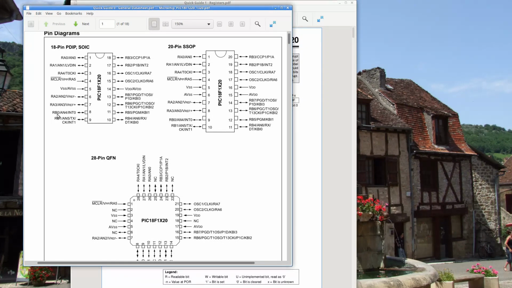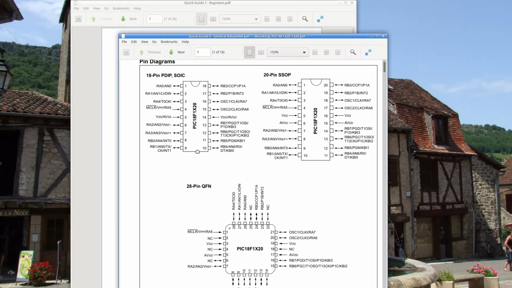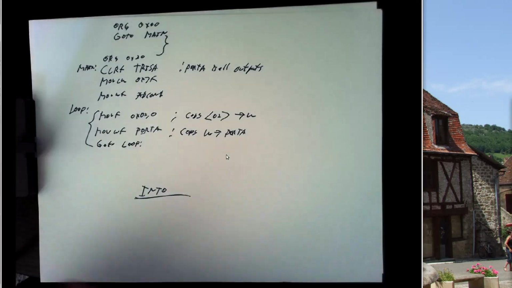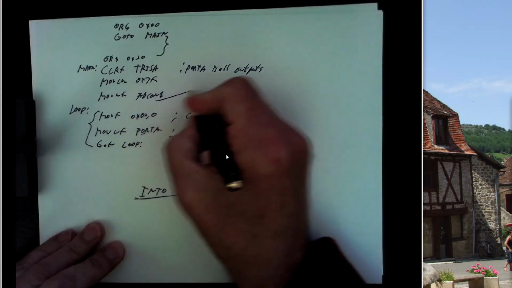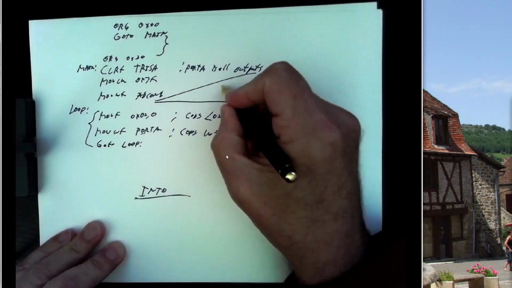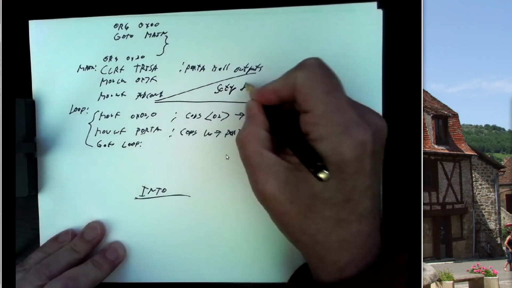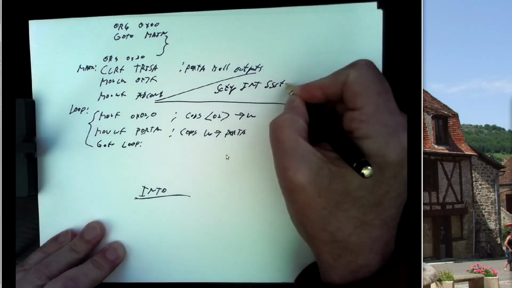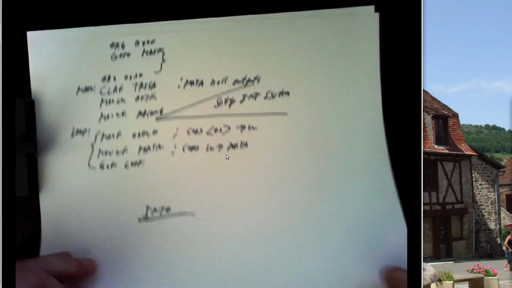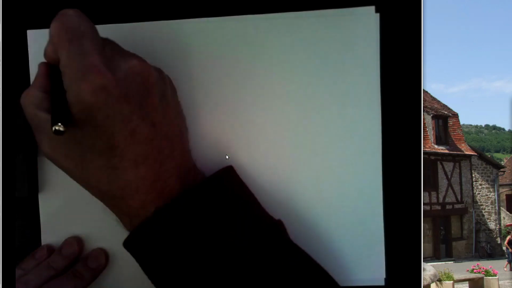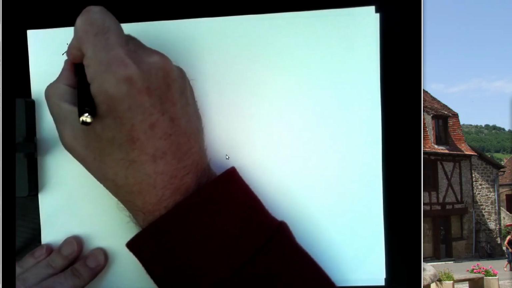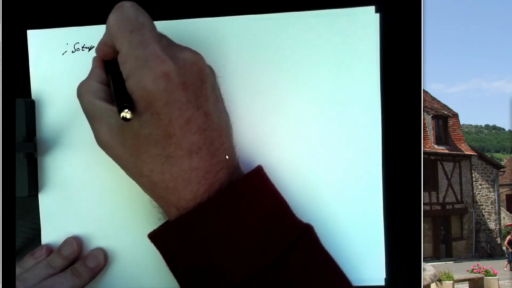So we need to do a few things to set up interrupts, and this would all go kind of inside here. Set up the interrupt system. So let me hop over to a separate page for that, and let me say, set up the interrupt system.